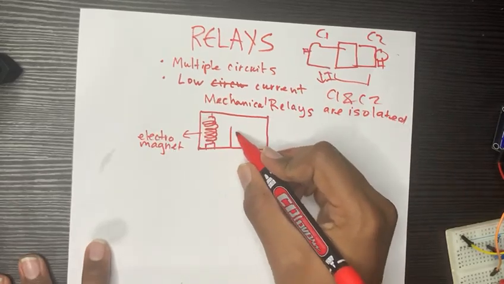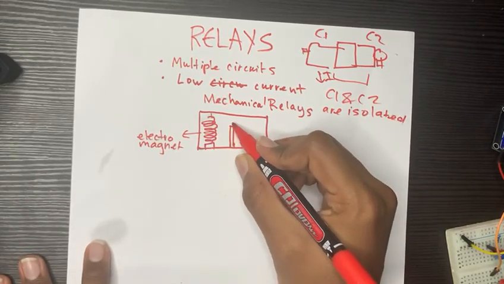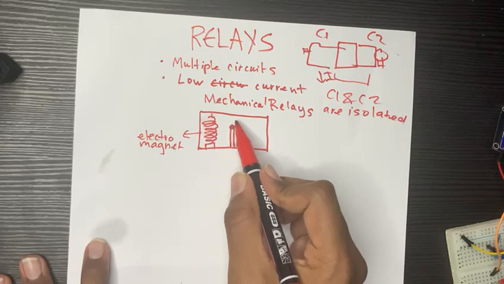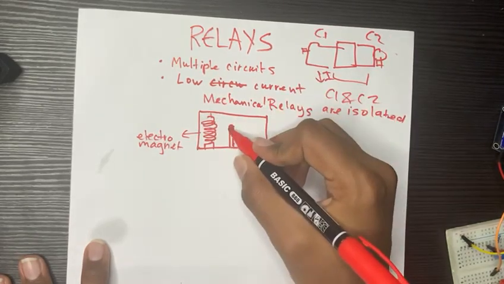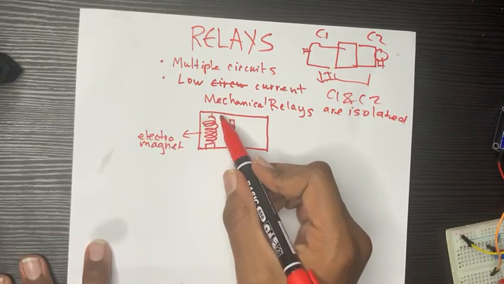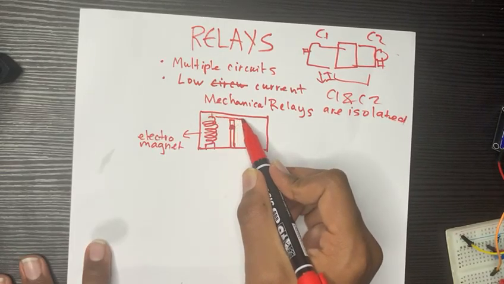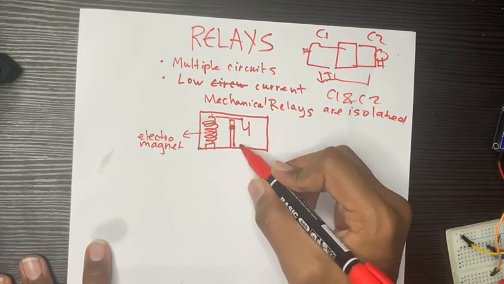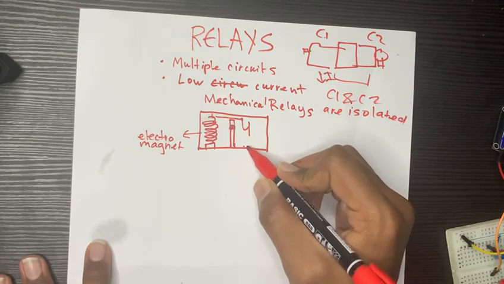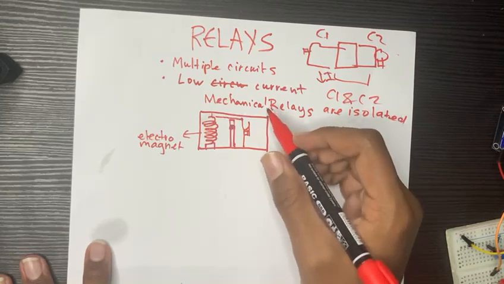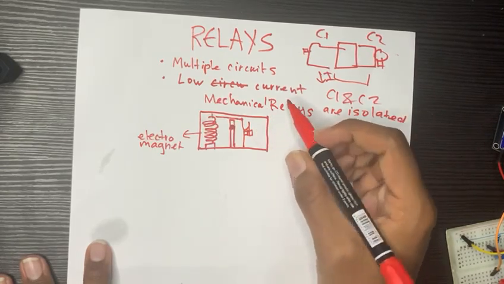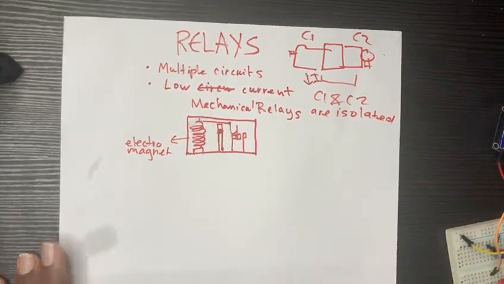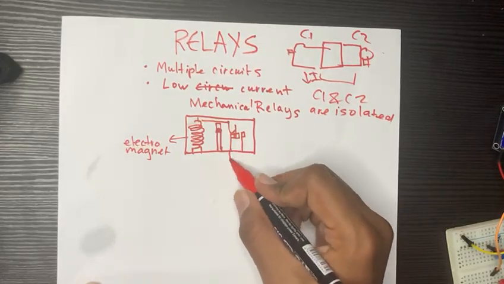And for that, first of all, this is like a fulcrum kind of thing. Okay, so something like this is one contact pad.